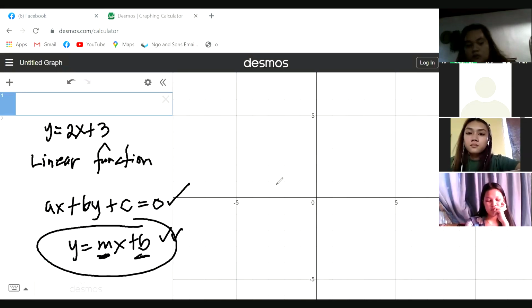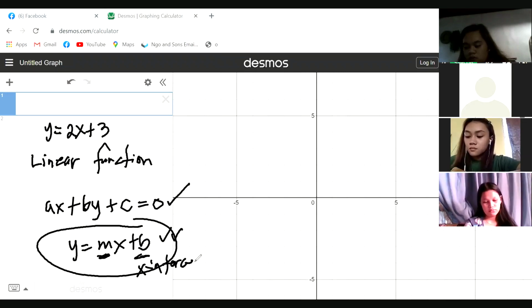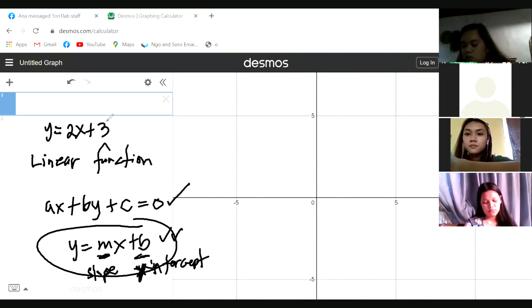So this one, you can graph it by looking at your y-intercept and your slope. Okay, y-intercept and the slope. Your y-intercept is 3. It means your graph will pass through the point (0, 3).